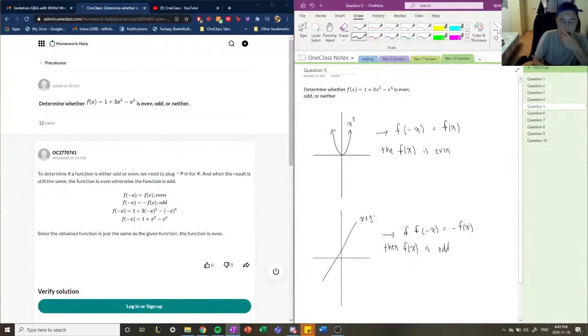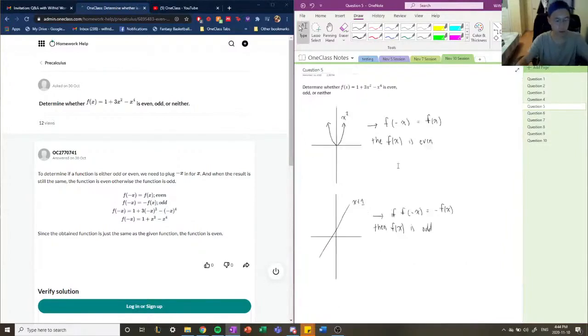You plug in -1 here, it turns out to be -2, so f of -1 is -2, and f of 1 with a negative sign in front of it is also -2. Then we know that f of x is odd. When it's neither, these two properties do not hold, so f of x is neither even nor odd.